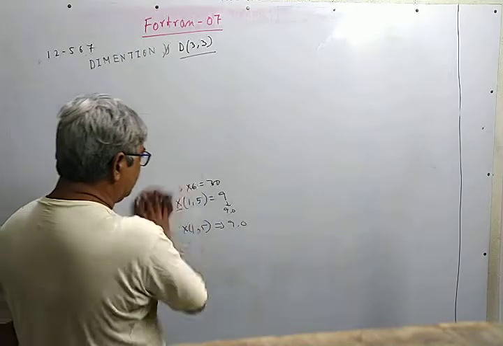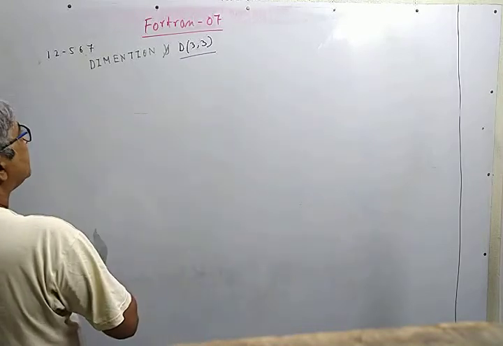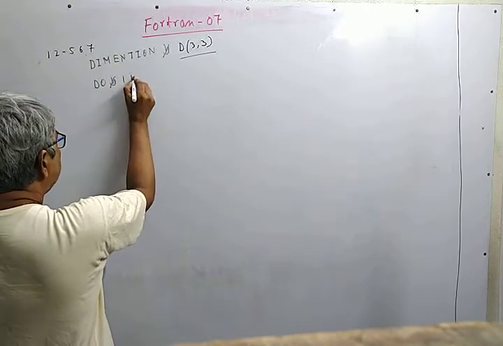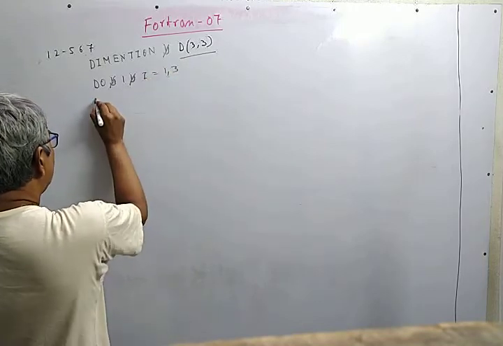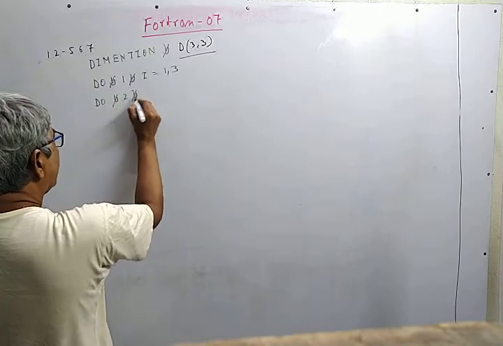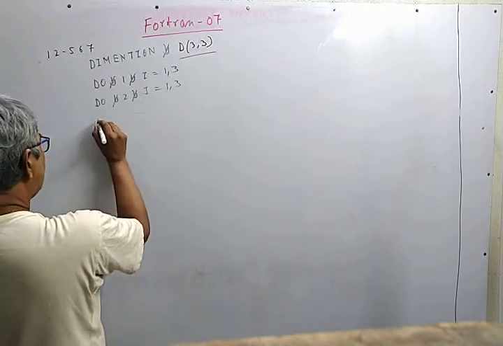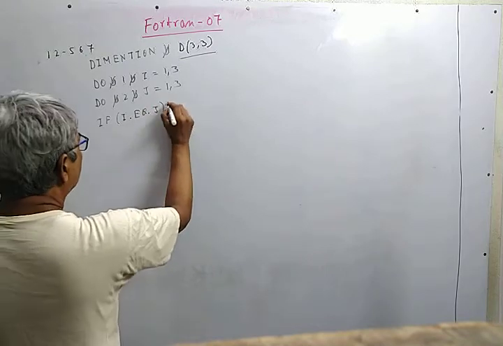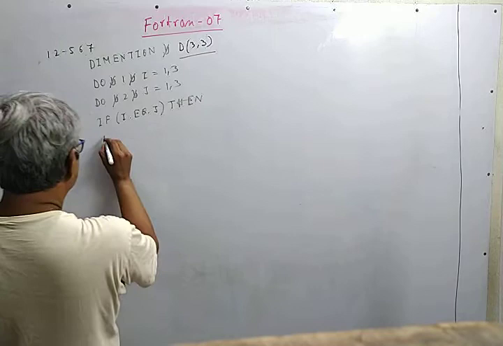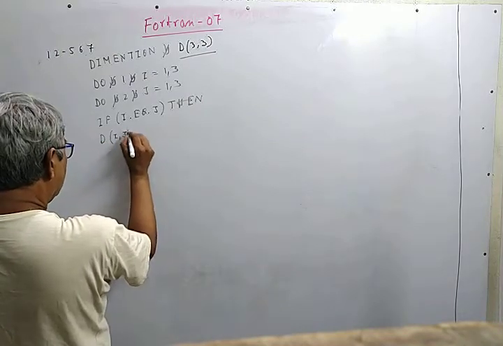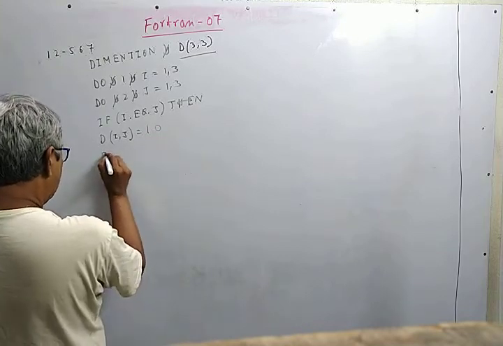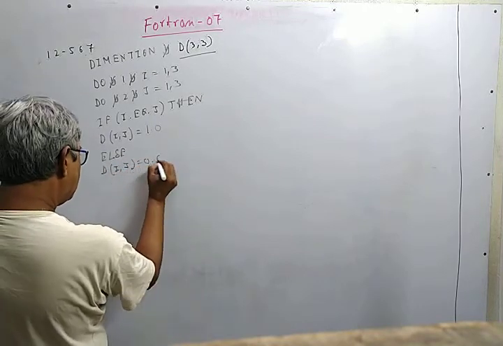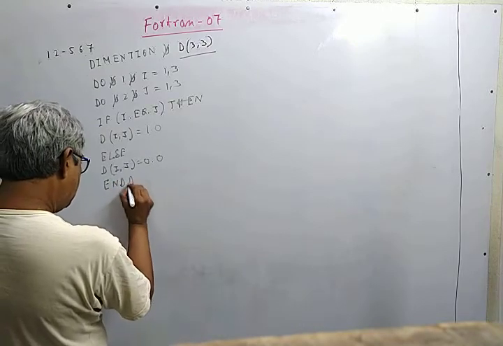Let me first do the program. We write do 1 I is equal to 1, 3, do 2 j is equal to 1, 3. If I equals j, then assign the value.